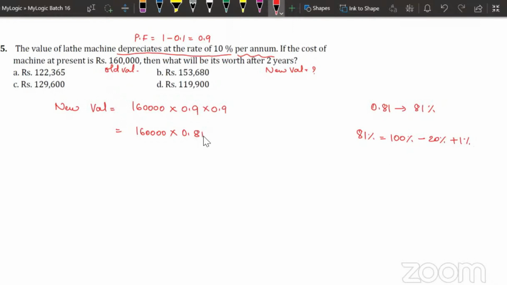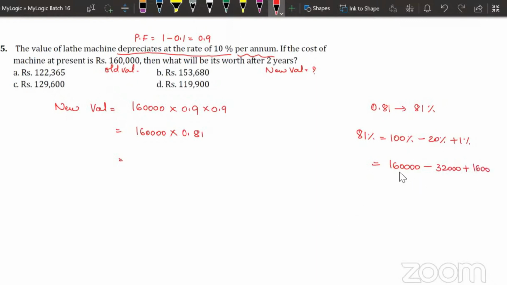So instead of multiplying by 0.81, find out what is 81% of 1,60,000. Now, what is 100%? 1,60,000, right? What is 20% of this? 10% is 16,000, 20% is double of that, which is 32,000. And add 1%, which is 1,600.